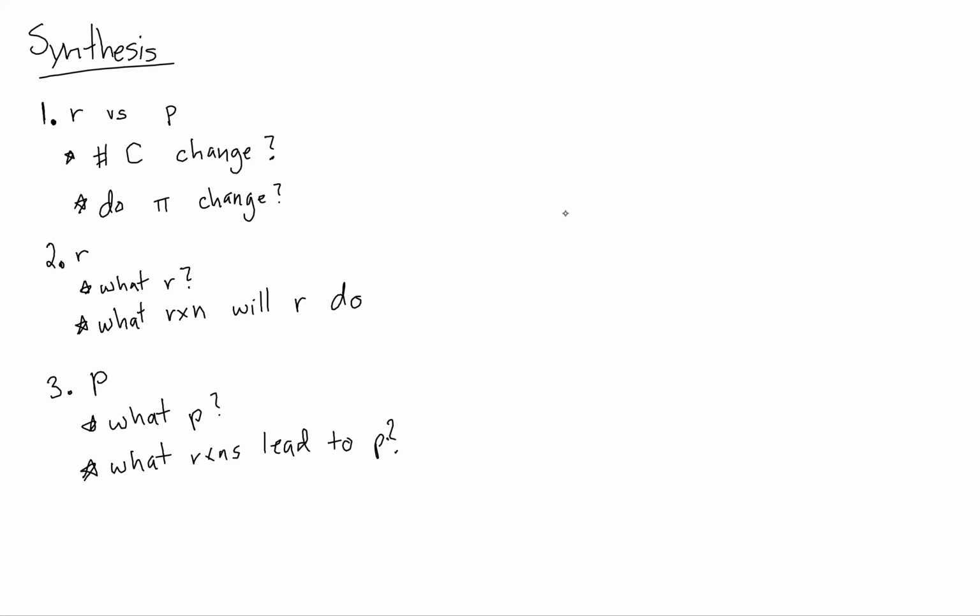So if we take this into account, let's quickly do something like this. We go from this to that, and I say, how did we do that? Well, first off, our reactant is an alkyne, a terminal alkyne.